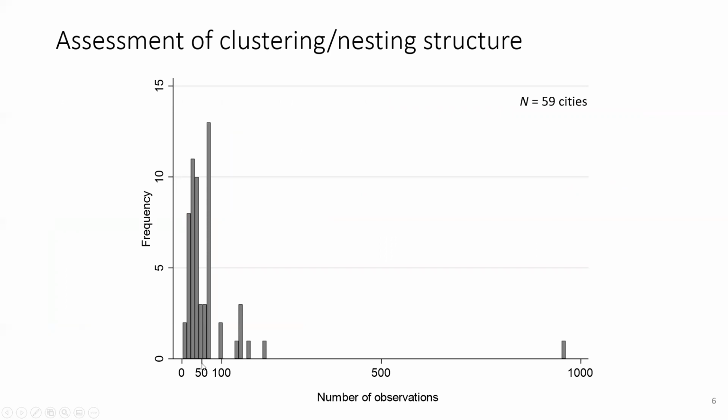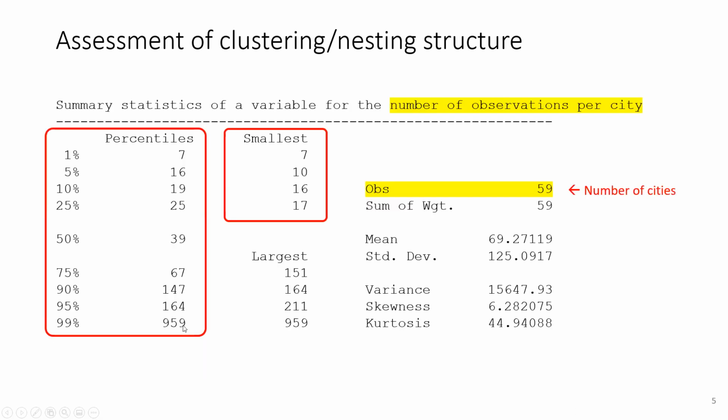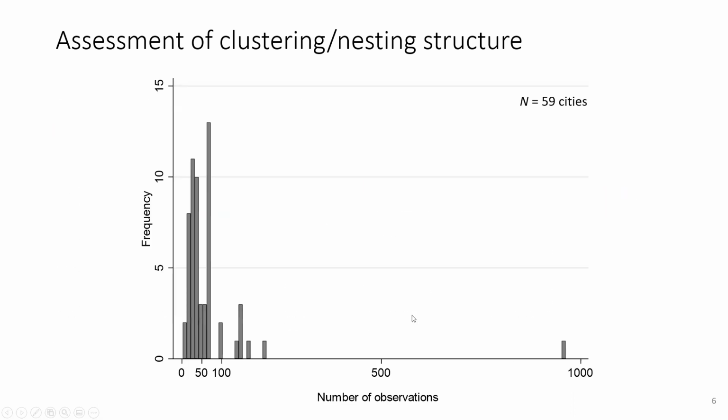And we can see that there are many cities with a sample size below 50. And there's one city for which we have a huge number of records, about 959, so about 1,000 records. So there is a difference in the number of records per city in our data set, and this is also something we want to keep in mind in our analysis.